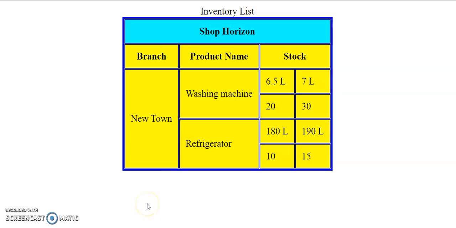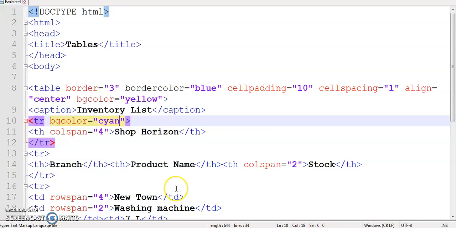Now let's make it yellow. Okay, then let's say I'm going to change the color of this row, but this row has one cell which spans across four rows. So anytime you can override it.